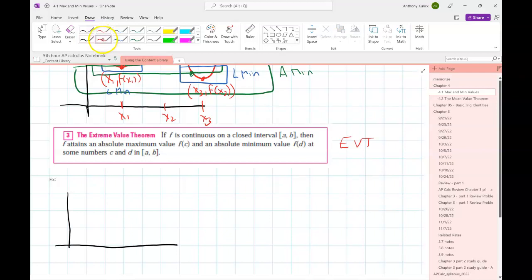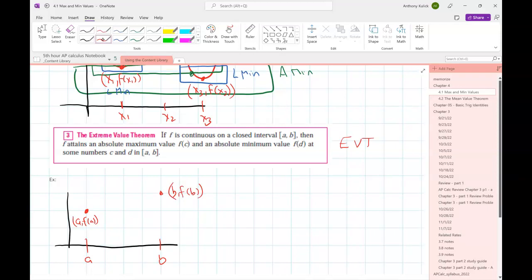Let's say this is a and b. It's continuous on the closed interval [a, b]. So I have some point here, a comma f of a, and then some point here, b comma f of b, which I arbitrarily place.